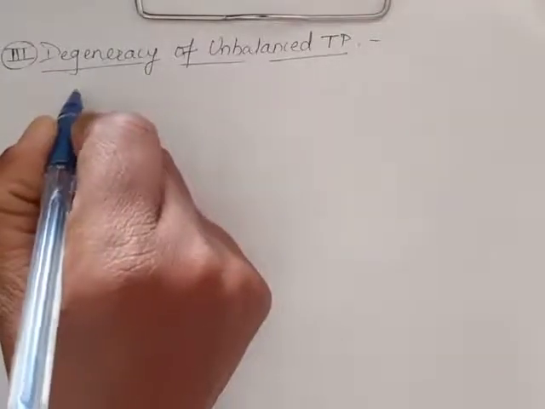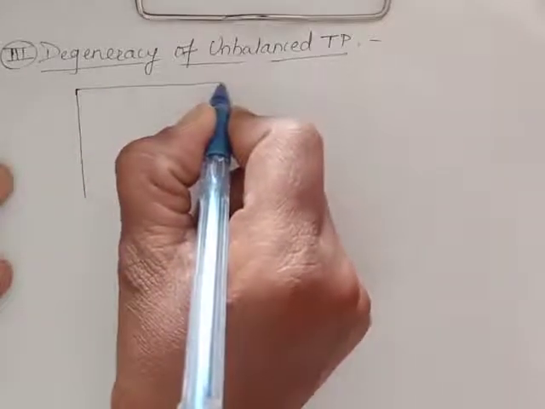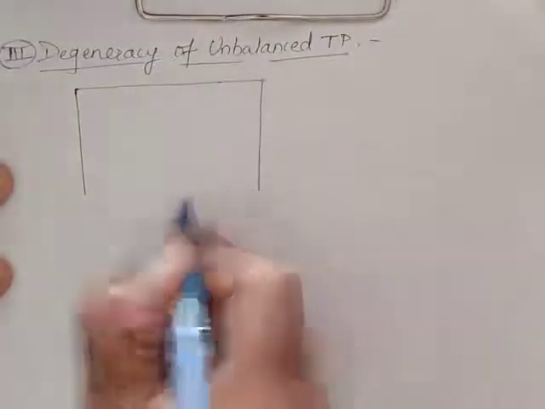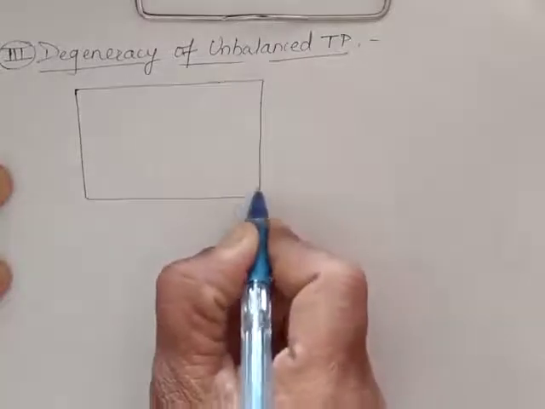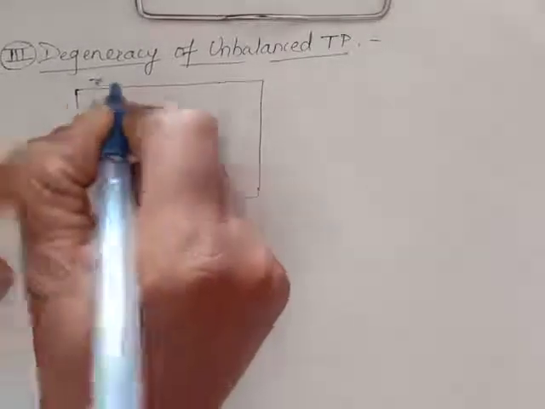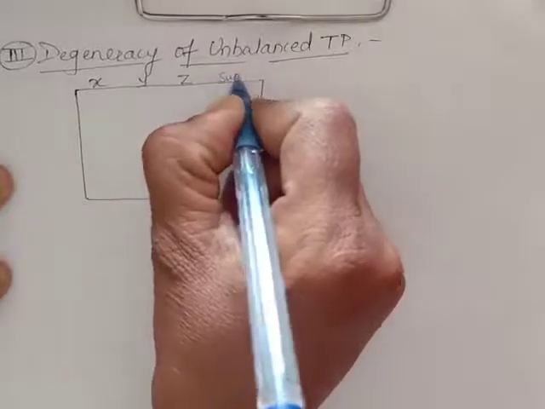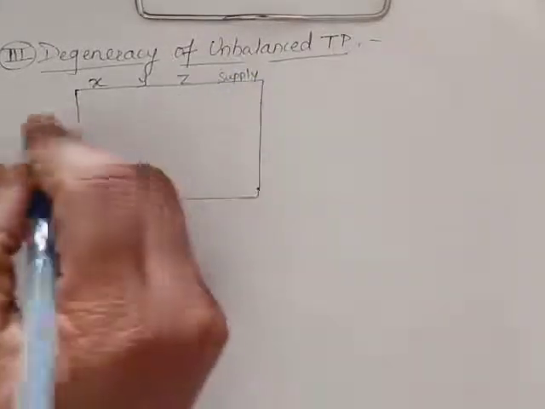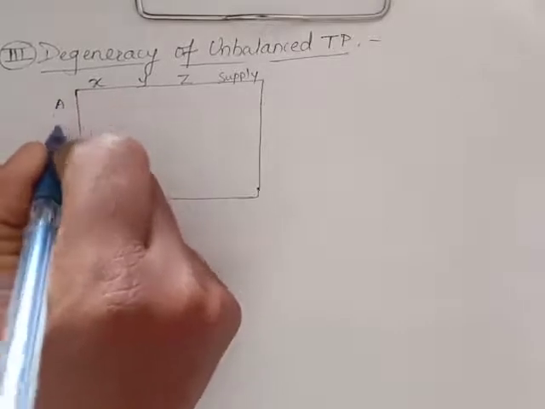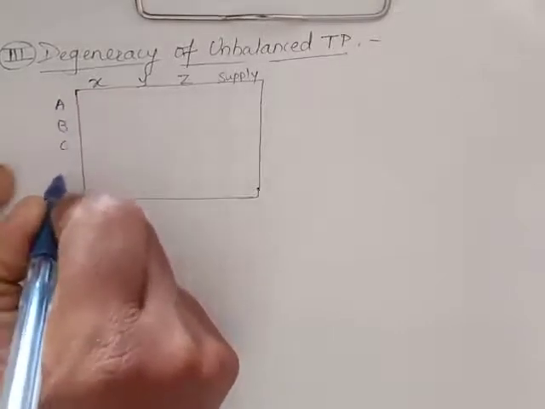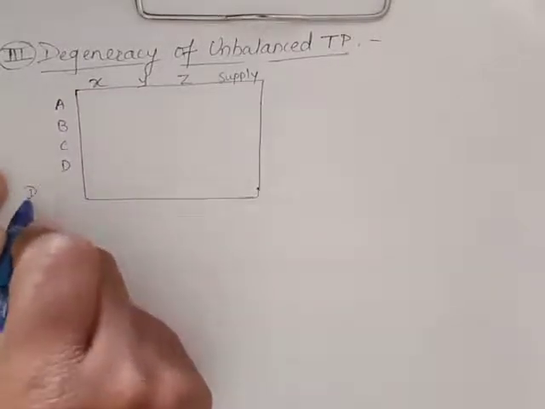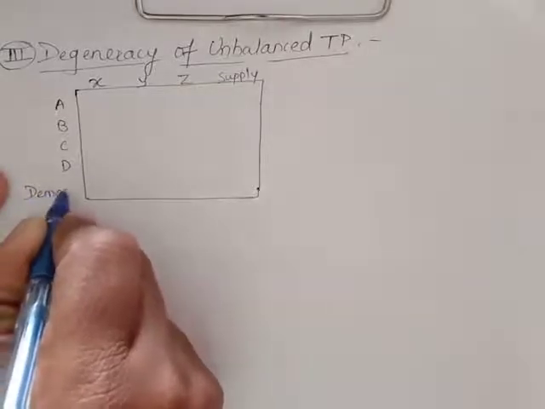Suppose we have the destinations X, Y and Z, and supply. Here the origins A, B, C and D, and here the demand.